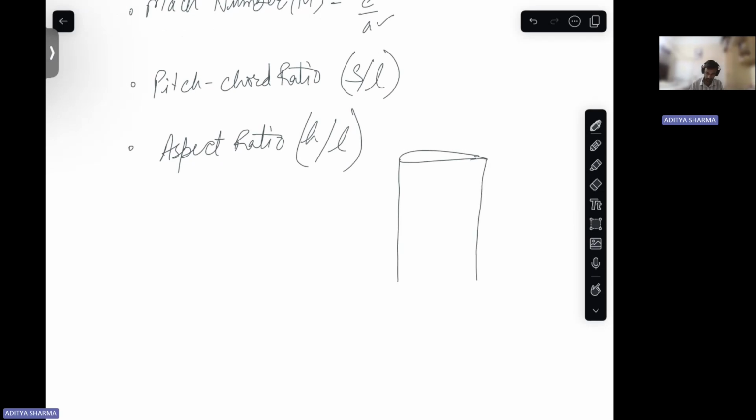So this is your blade. This is its height, and this is its chord. And this is the aspect ratio.